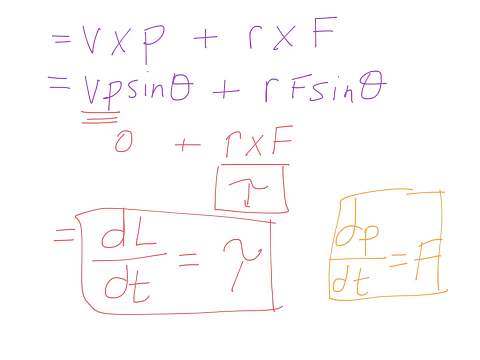Now let's actually get down to the idea of conservation of momentum, because that's what we've really set out to do in this video. Let's go to a new slide and take a look at that idea of conservation of angular momentum. So the conservation of L, or angular momentum, spin angular momentum, the product of an object's moment of inertia and its angular velocity. So let's write that out.